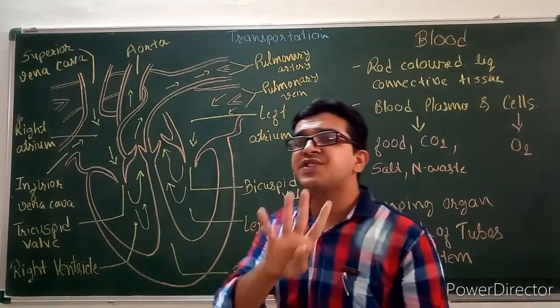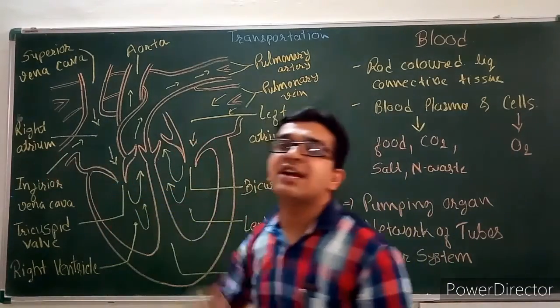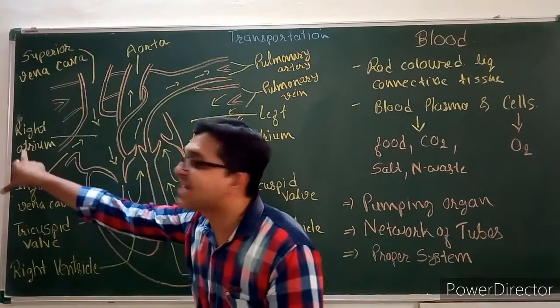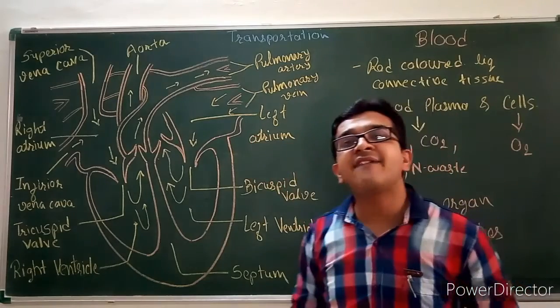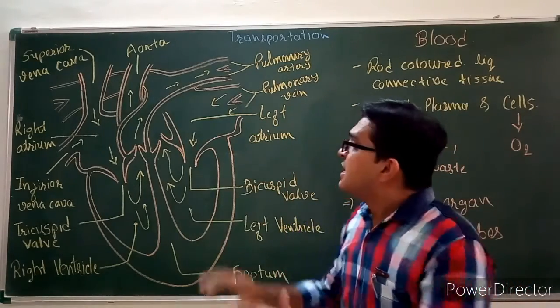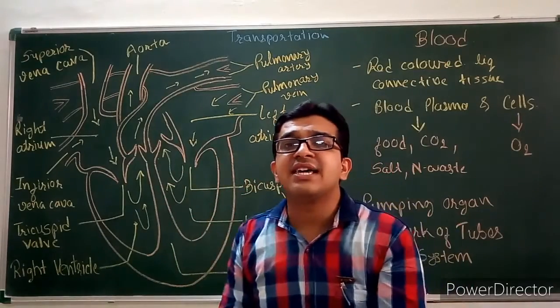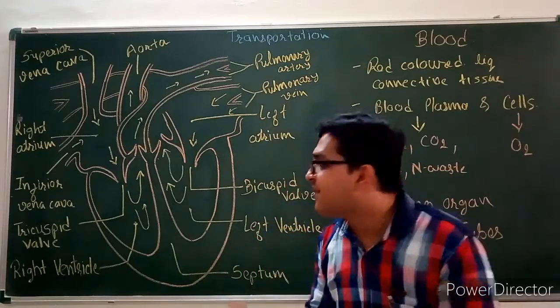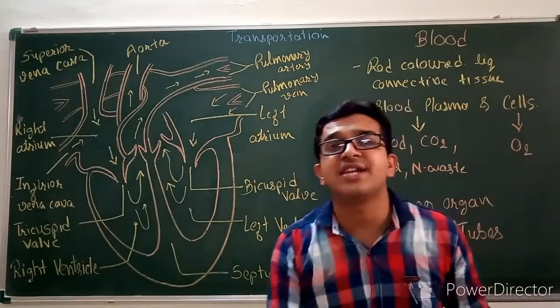Now, out of these four chambers, the first two chambers are called atria. The right one is called the right atrium and the left one is called the left atrium. The wall of the atria is thin, whereas the two lower chambers are called ventricles.